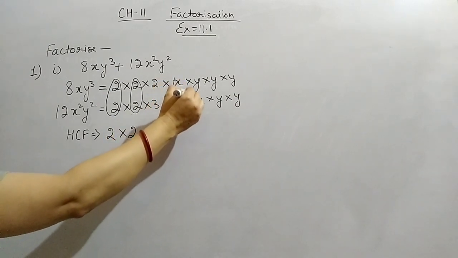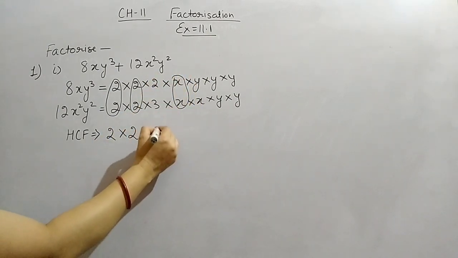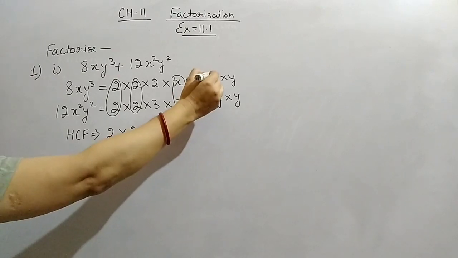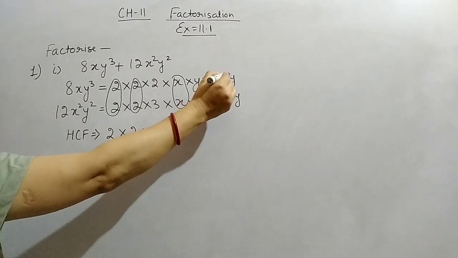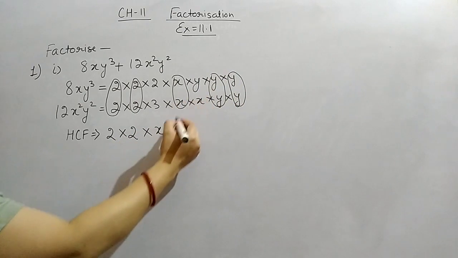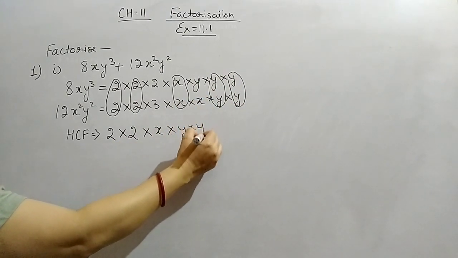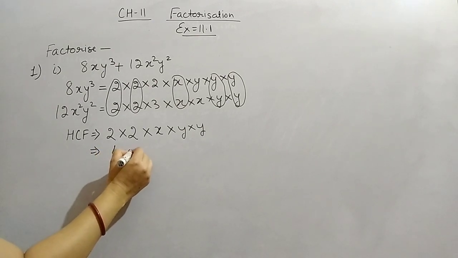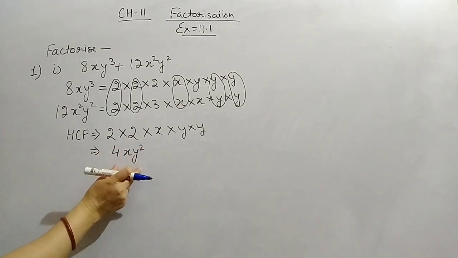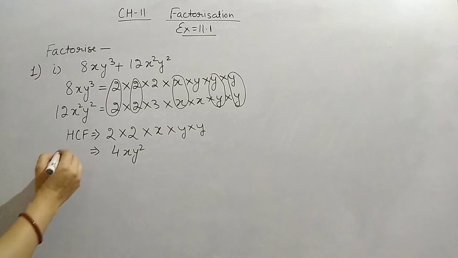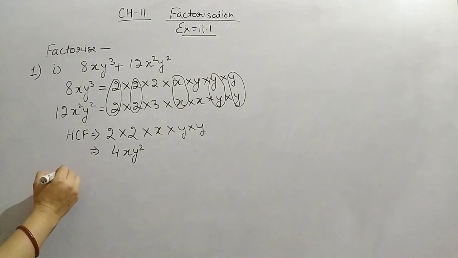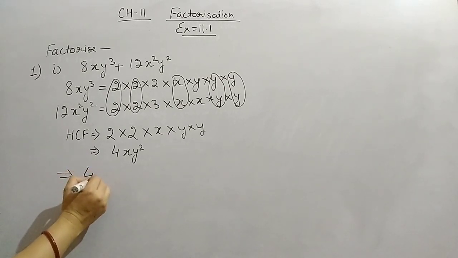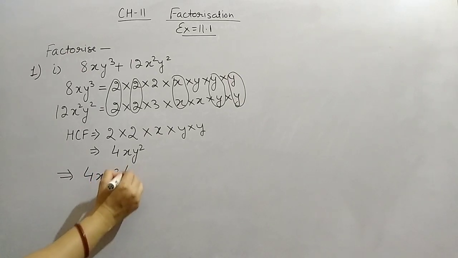Then next one x, and after this one y here, and one more y is here. So here HCF is 2 into 2, 4xy square. It means this is common in both the terms. So the factors will be here 4xy square; we have taken out the common.